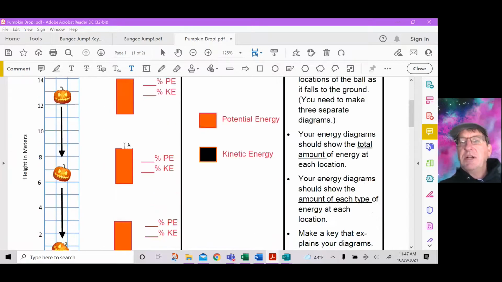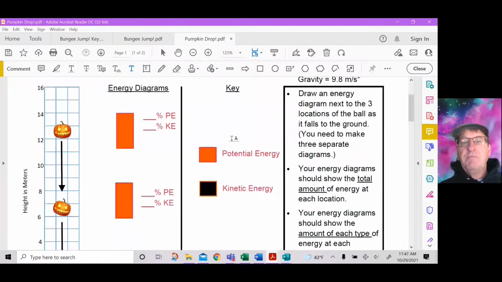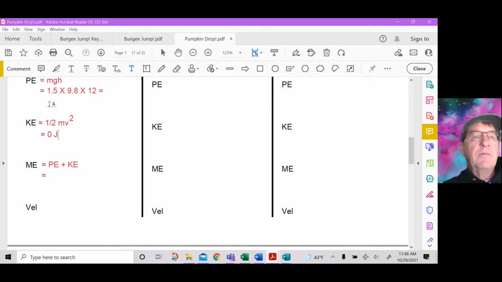Mechanical energy, this is the one I want you to memorize, but let's just review. All you have to do to find mechanical is add potential and kinetic together. And that means ME equals PE plus KE. To show my work, whatever number you got for potential energy, you add that to the kinetic energy of 0.